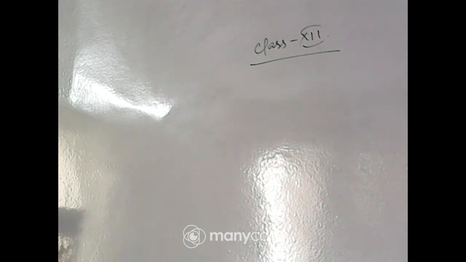Okay, now free energy, the thermodynamic equation: delta G equals delta H minus T delta S. From this, the free energy is always negative in case of adsorption. Okay, next.